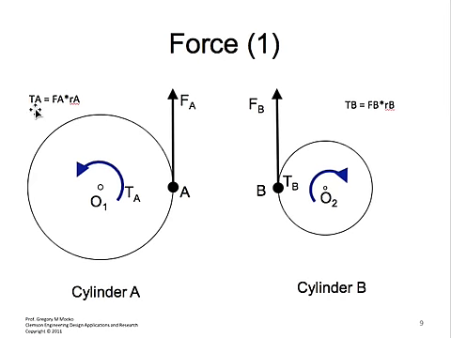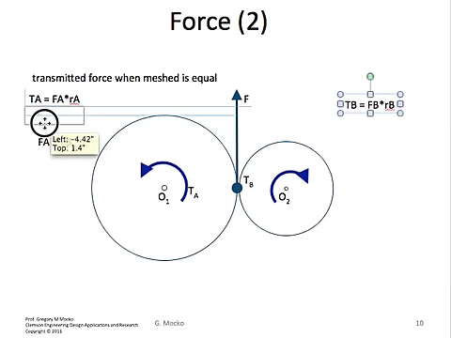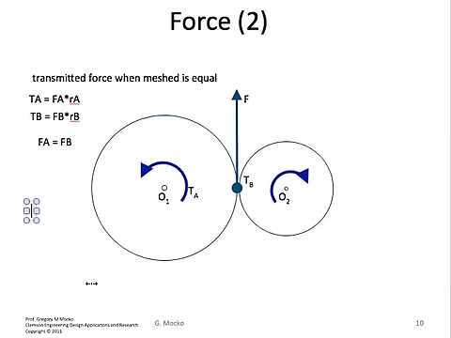So if we bring back these two expressions into the fact that we know that FA is equal to FB, then we get the following solutions. FA is equal to TA divided by RA, and FB is equal to TB divided by RB.